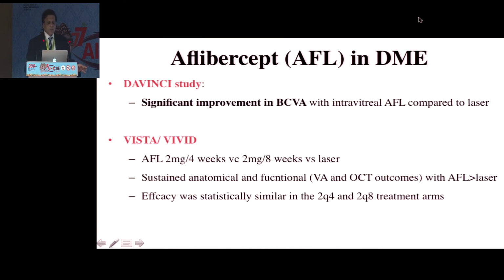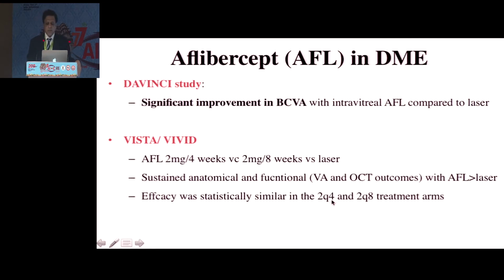Aflibercept is a third drug which has been studied, in the DA VINCI and the VISTA and VIVID trials. I'll just come straight to the most important studies of the aflibercept group for DME. This showed that at 4 weeks or 8 weeks, the effect was the same versus laser, and they showed that sustained anatomical and functional acuity with aflibercept was better than laser, and efficacy was similar.